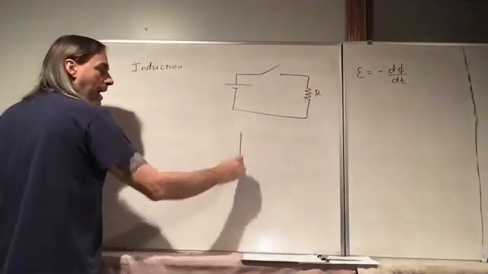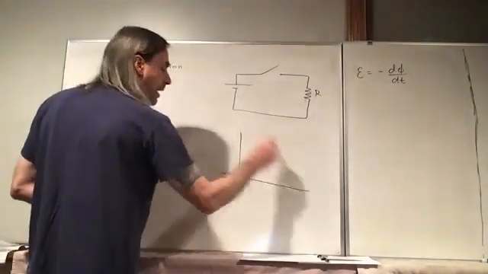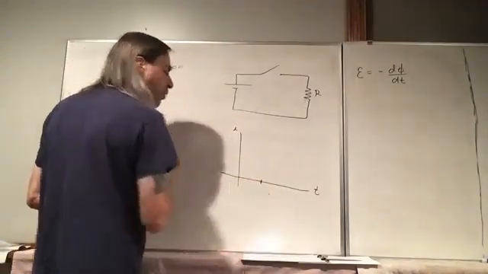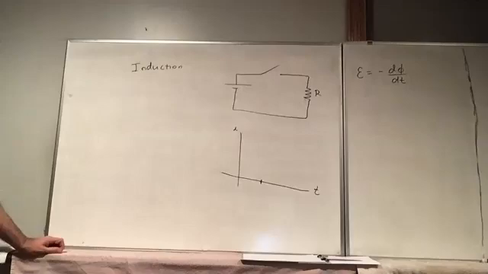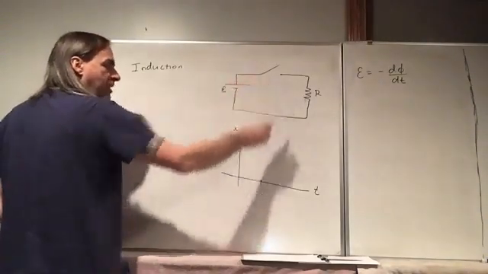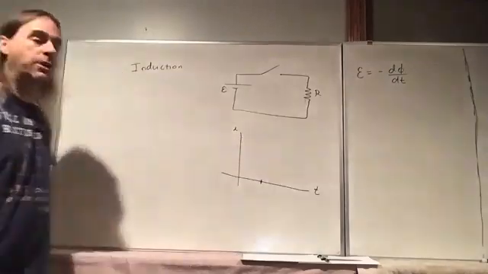Now, let's say we plot the current as a function of time, and we throw the switch at this point here. We can apply the loop rule. Let's say that at this time we close the switch.